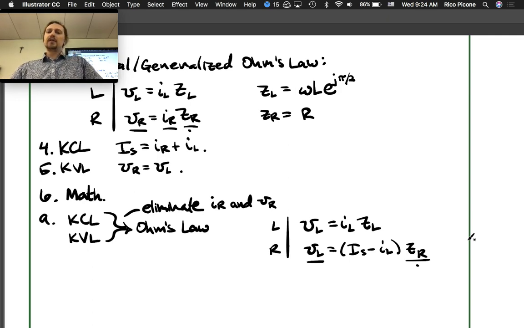As our two unknowns. And so we can solve those as well. So it's really easy to just set them equal to each other, right? The two VLs. And then solve for IL, right? That's probably the easiest way to go to start.